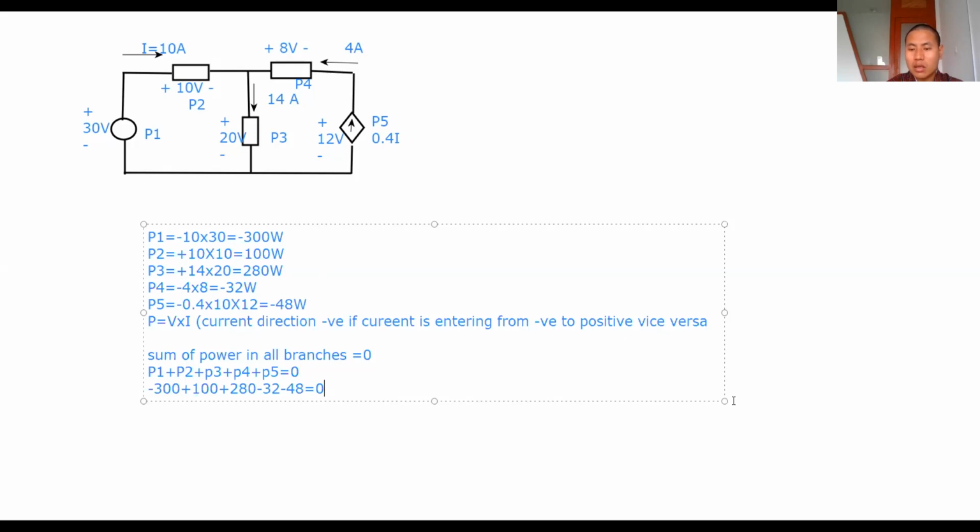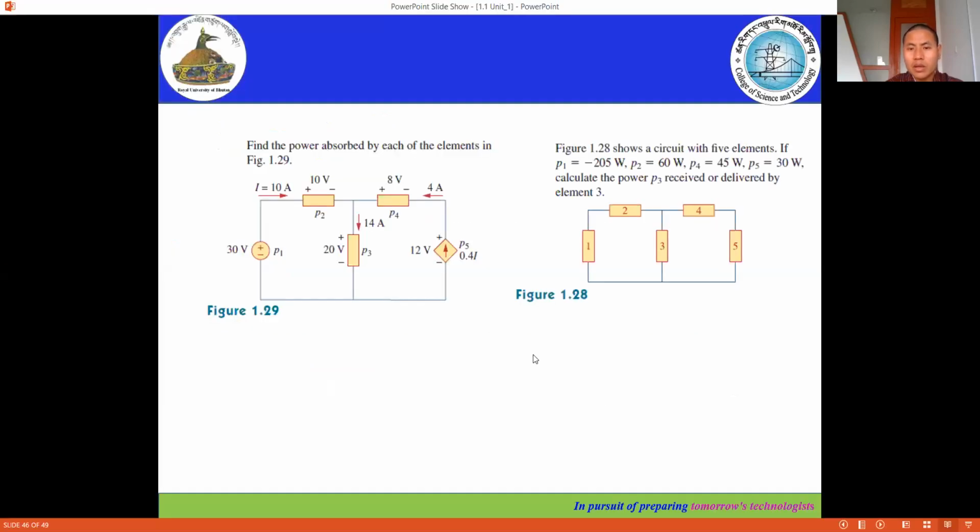Now we have another example here in figure 1.28. Figure 1.28 shows a circuit with 5 elements. P1, P2, P4 and P5 are given. Calculate the power P3 received or delivered by element 3.